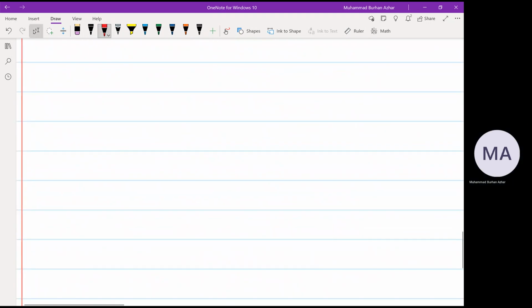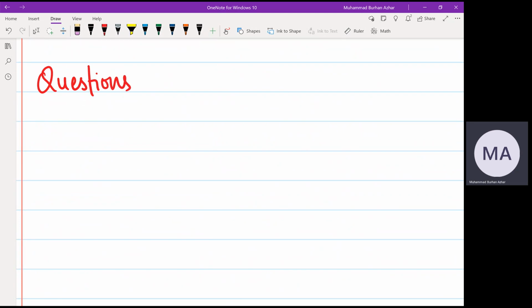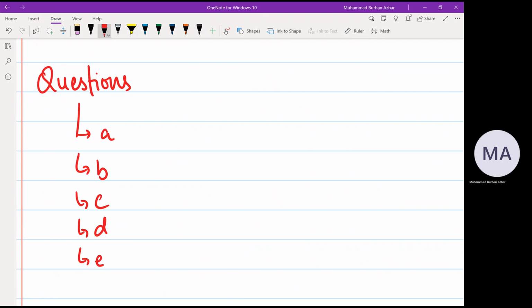Let's move on. अब let's talk about the question structure. सारे questions will follow a somewhat similar structure. सबसे पहले basically there are 5 parts: A, B, C, D and E. अब इन parts में difference क्या है?